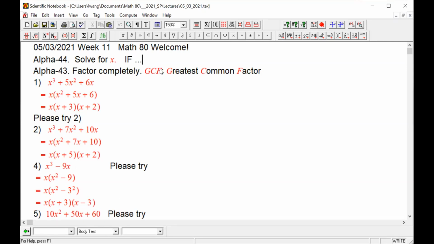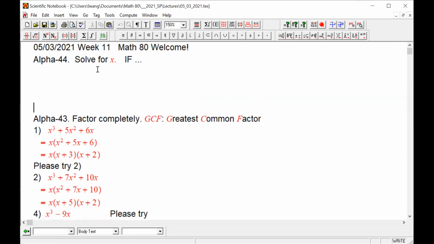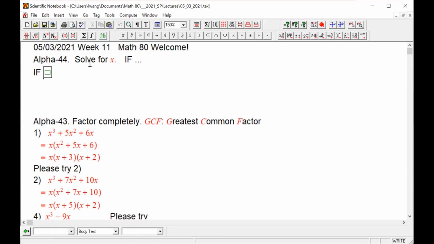And on 44, however, the context will now be an if, a specific function, and for that function, there's an input, and the output is given as a certain number.